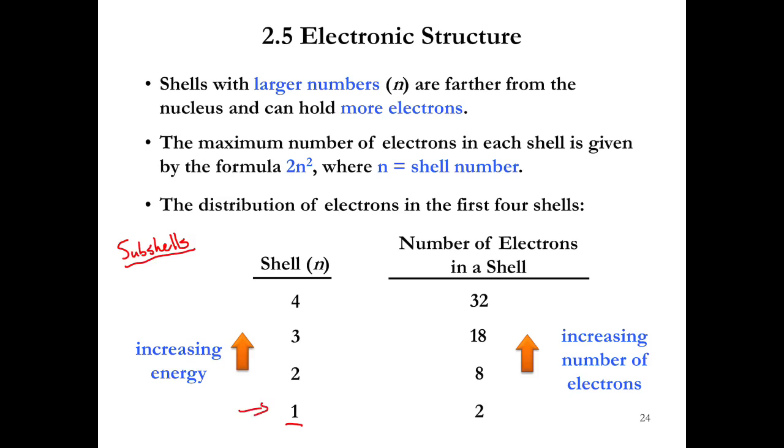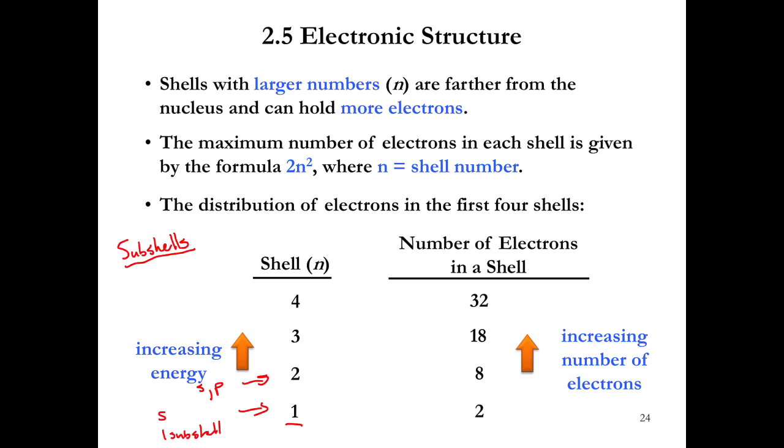So the first shell of electrons has only one subshell, an S subshell. Our second shell of electrons has 2 different kinds of subshells. We call them an S subshell and a P subshell.